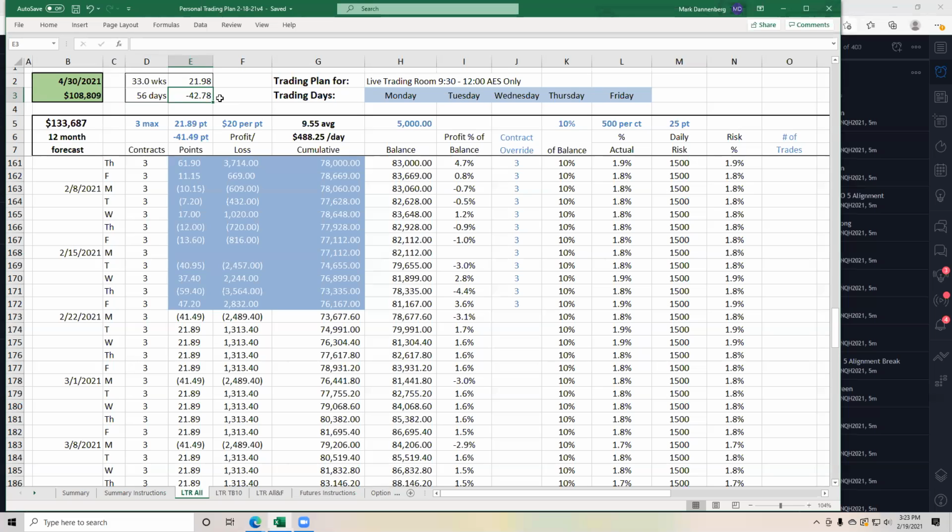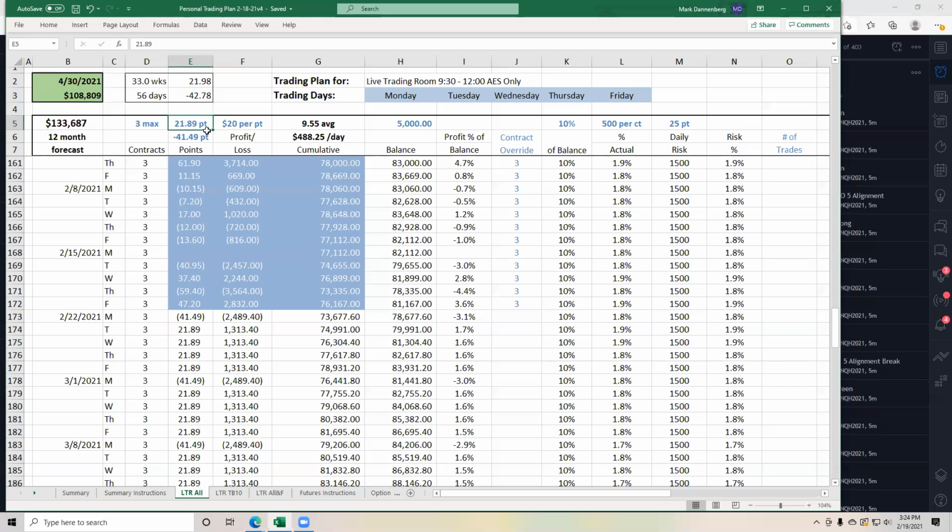All right, that is what we refer to as our run rate. You have your run rate, you know how you've been performing, and now the most important part of this is to translate those run rate data points into your forecast. We are 33 weeks into a 52-week plan, which means we have 19 weeks to go in our 52-week plan, and we want to know what to forecast for the next 19 weeks so that we have a reasonable idea of what to expect in terms of overall 12-month performance.